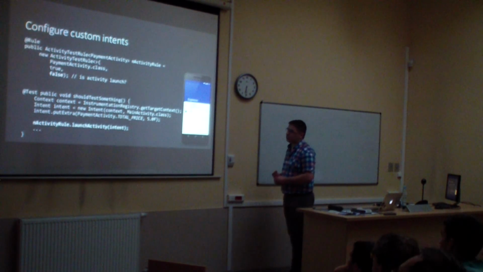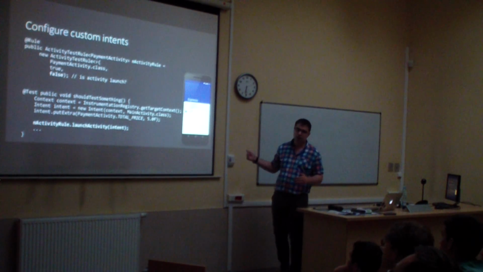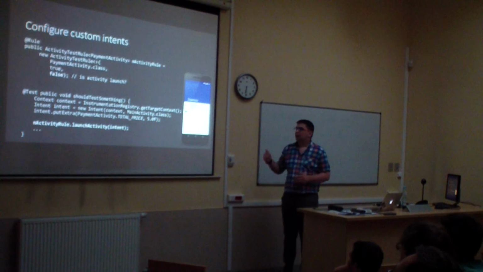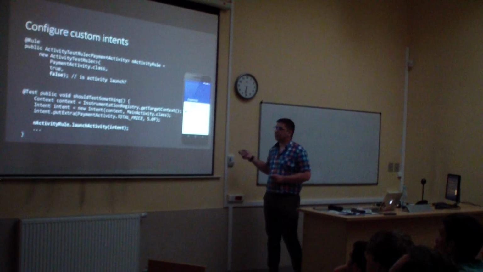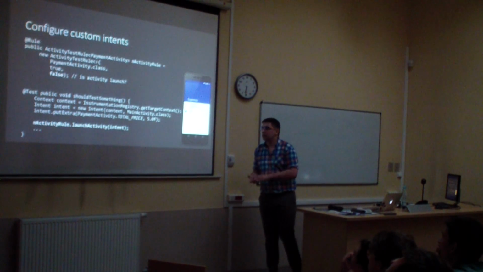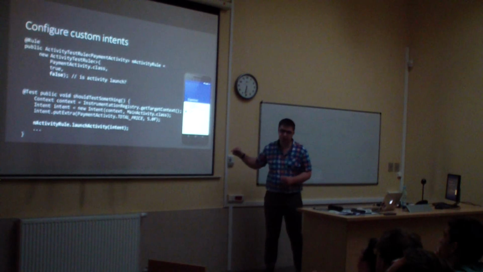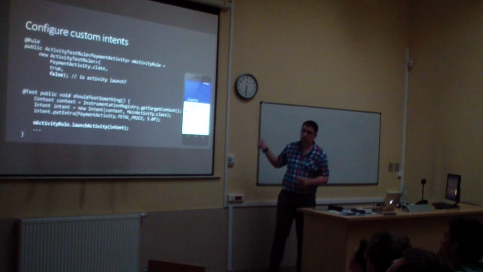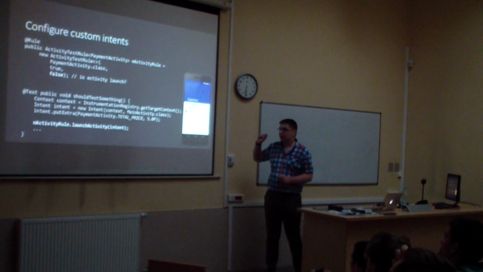It means that we must create the intent and launch the activity inside each test. But for it, first of all, we must update the rule and set our last parameter to false. It means that this activity doesn't launch in the rule method.